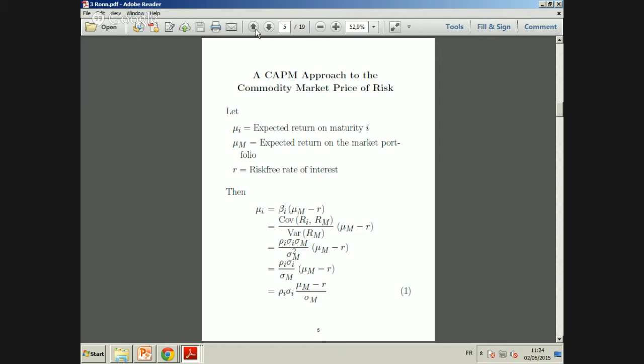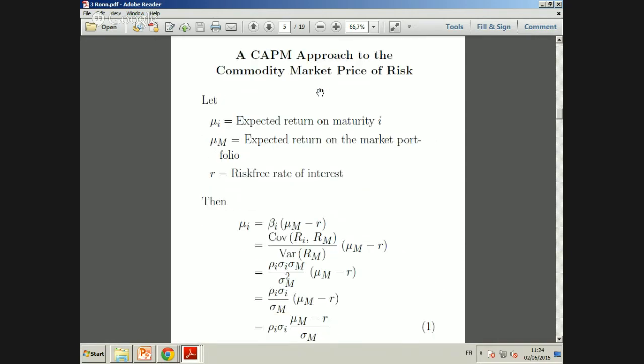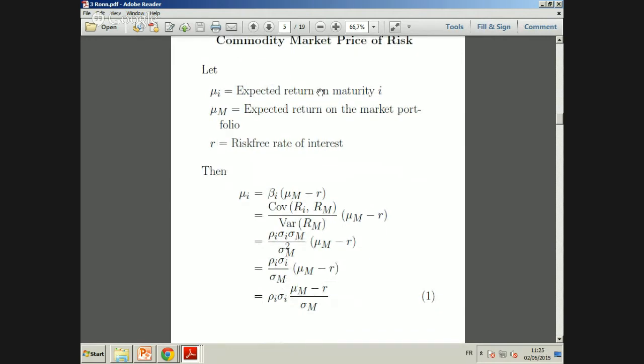And so if you apply the CAPM, I know it's a simple single factor model, what you get is this simple relationship between the expected rate of return, the correlation between the asset and the market, its implied volatility, and some measure of the equity Sharpe ratio.